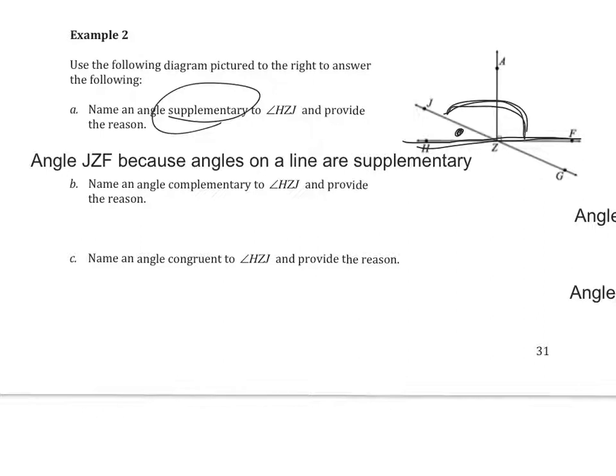If we looked at this line here, we would notice that this angle is also supplementary to that. And that answer would be angle HZG. So that's the second answer there.